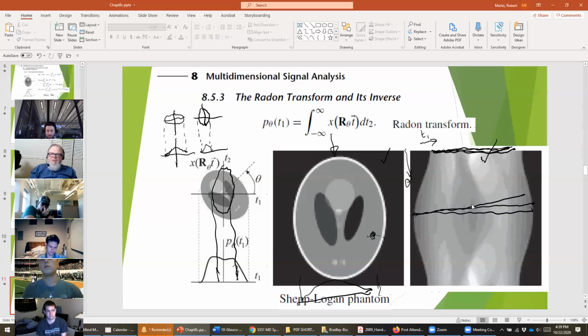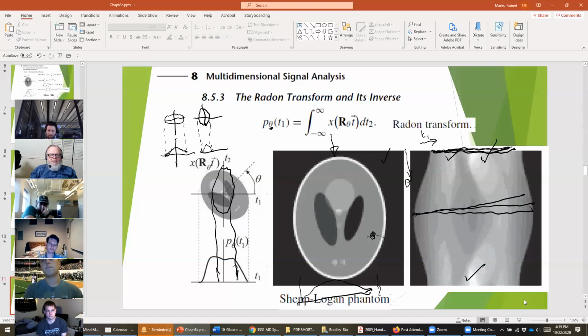And you'll notice it's continuous too. Theta is an angle, so this is going to be periodic, right? If you do a projection at one point, and you do that projection at 360 degrees more, you're taking the same projection. So the top of this sinogram flushes with the bottom of the sinogram.